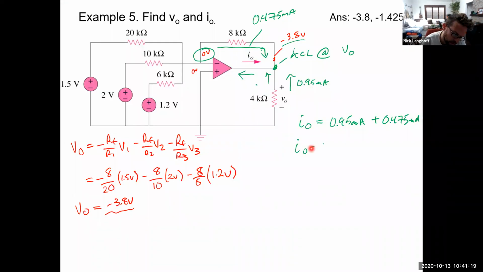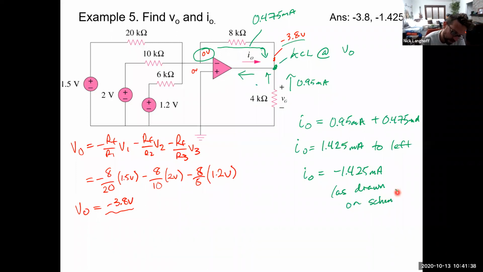So I out is equal to 1.425 milliamps to the left, or I out as drawn is negative 1.425 milliamps as drawn on the schematic. When I ask questions in the Canvas quizzes, you have to provide the direction. I always do that by showing a sign. At any rate, that's an example of the summing amplifier.